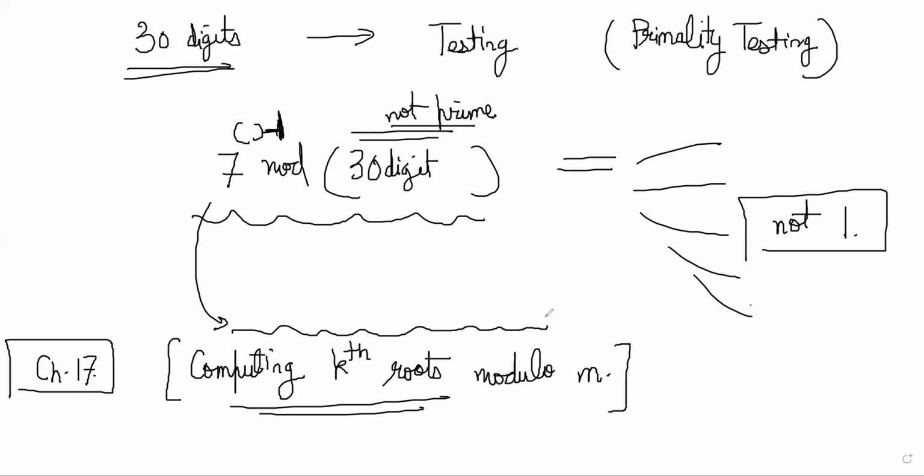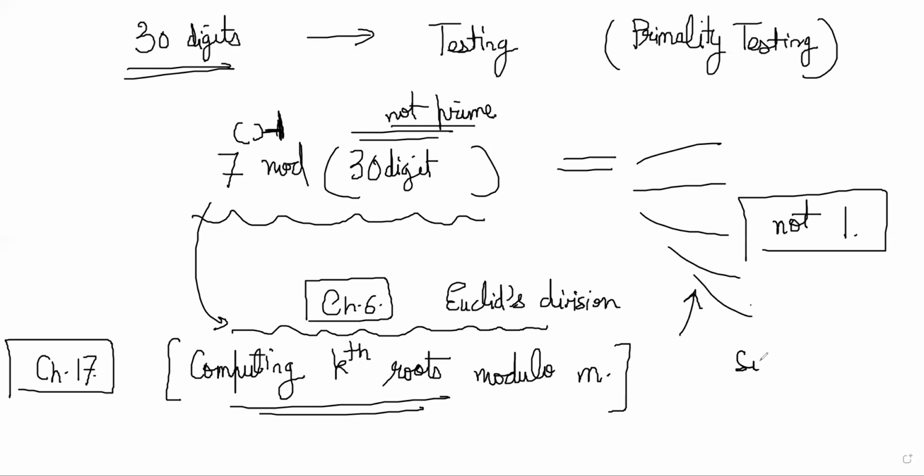The only thing that is added is that you have to solve a congruence in the beginning, by the methods of chapter 6. We know how to solve congruences by Euclid's algorithm. So we first solve a congruence and then apply the successive squaring method. The method that we have just learned is called successive squaring. So now chapter 17 will be readable and understandable.